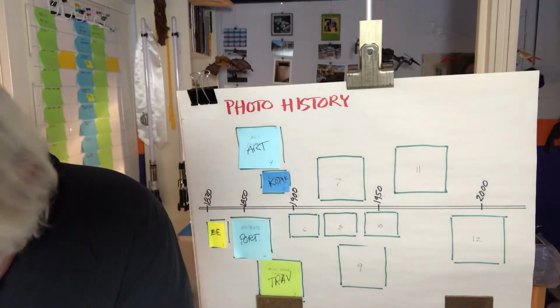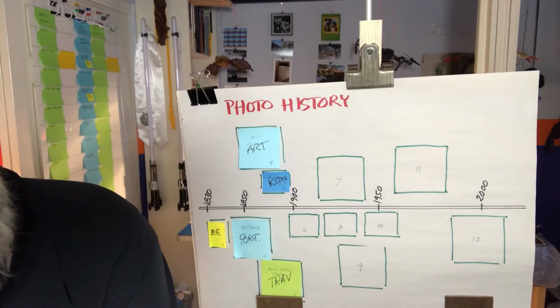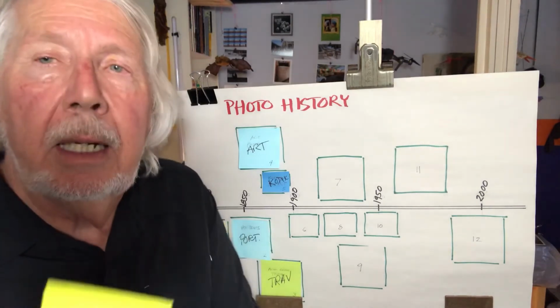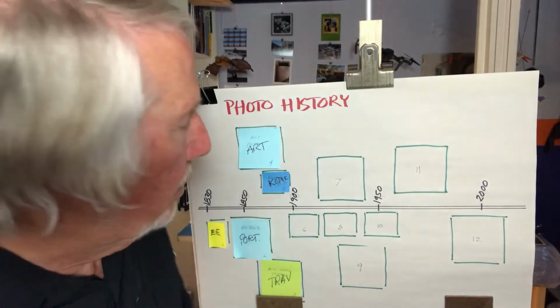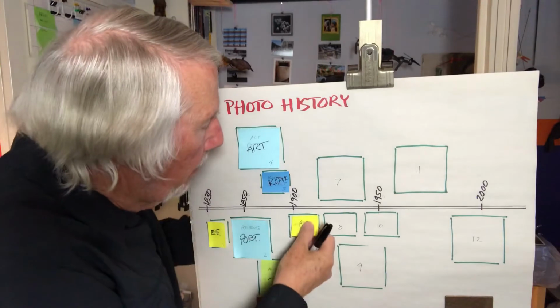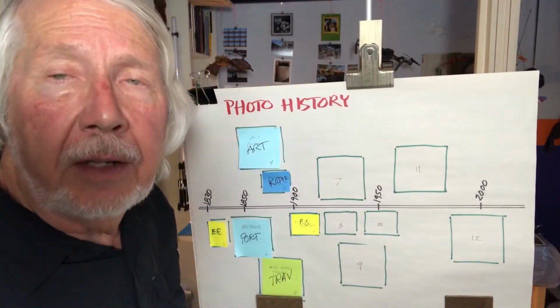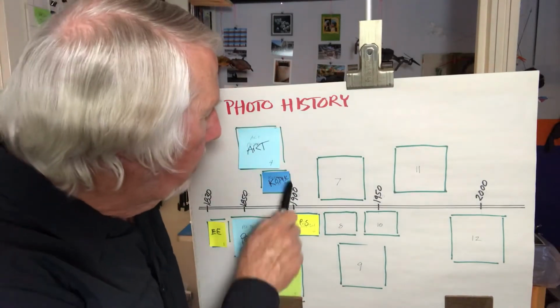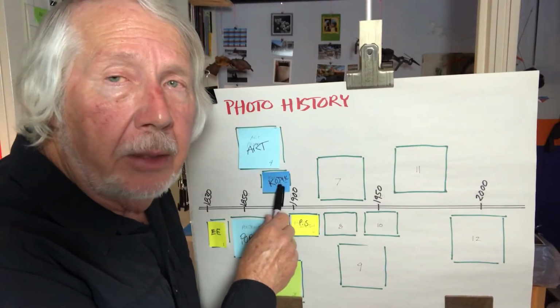Now, that sparked a big problem. So I'm going to just put PS on this sticker. PS is photo secession. And there were many very well-trained art photographers who did not want to be lumped into this snapshot category.